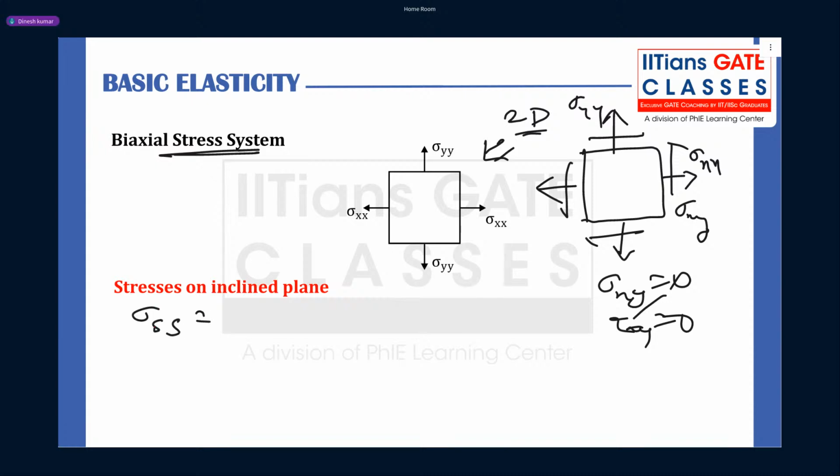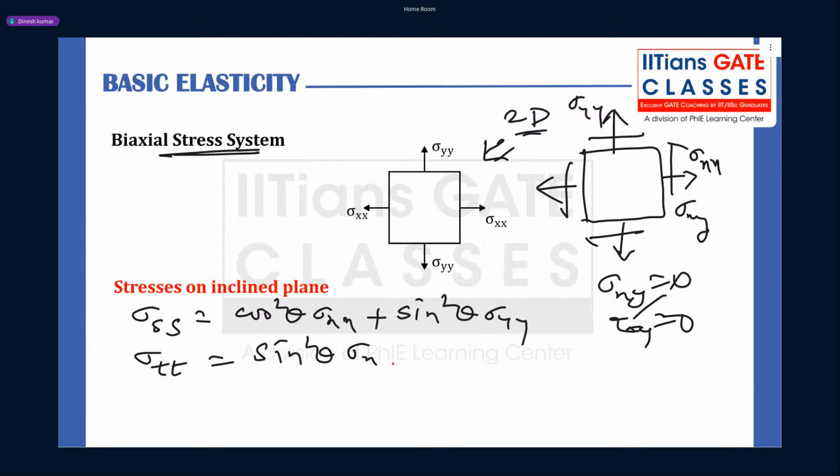Now, in this case, what will be your stresses on the inclined plane? Sigma ss will be cos square theta sigma xx plus sin square theta sigma yy. Sigma tt will be sin square theta sigma xx plus cos square theta sigma yy. What will be your tau st or sigma st?